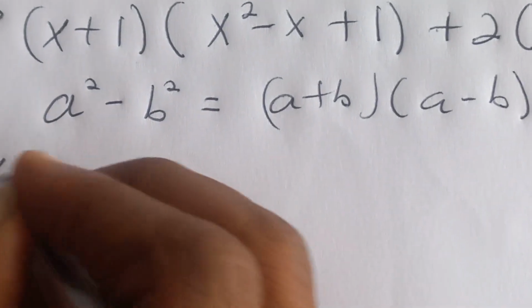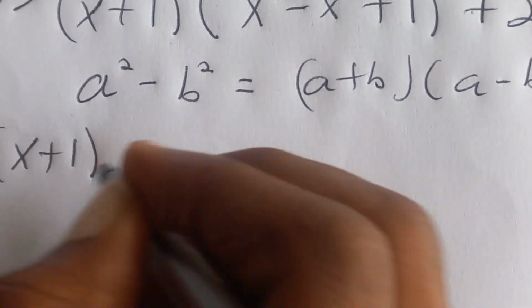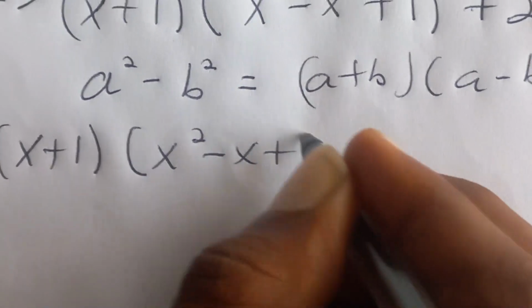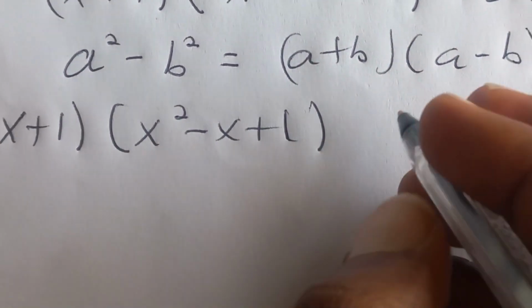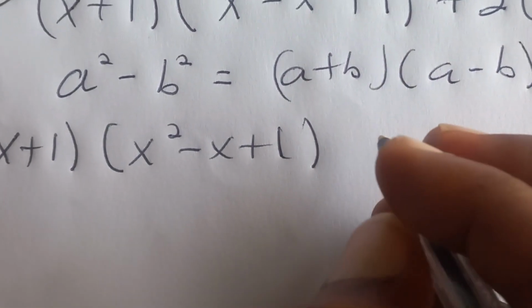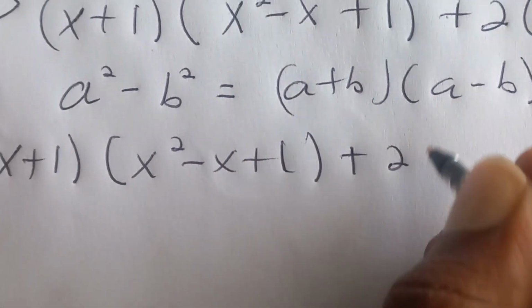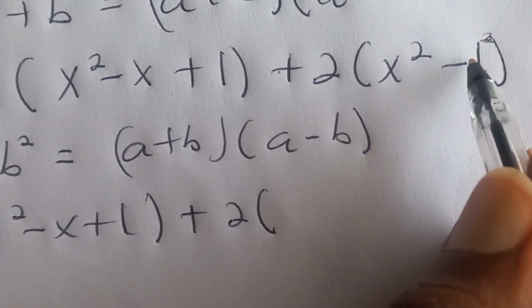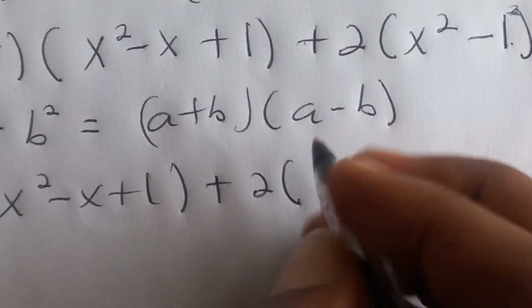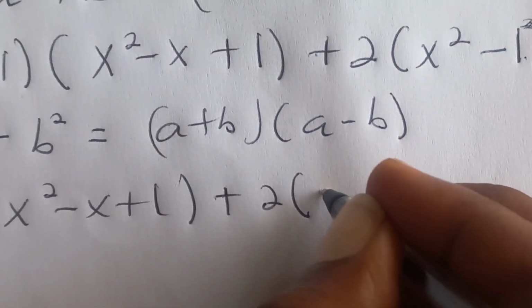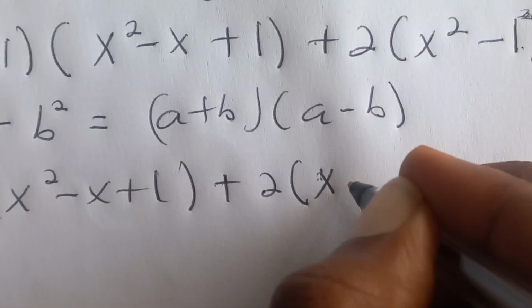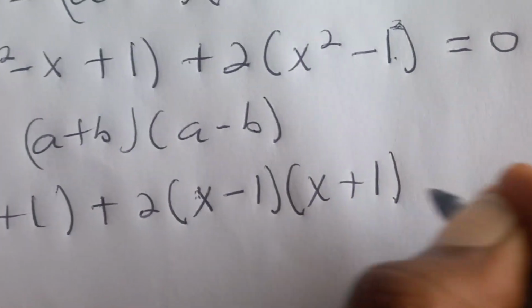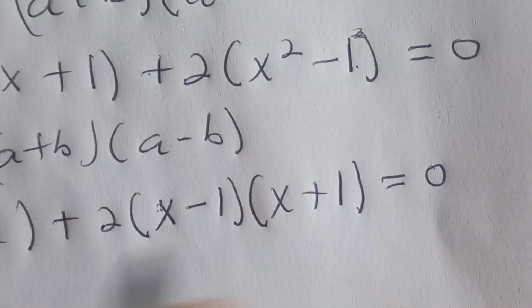So we have x plus 1 bracket x squared minus x plus 1, then plus 2 into bracket. This one, we can write as 1 squared. Okay, 1 squared is the same as 1. So 2 into bracket, we have x minus 1, then x plus 1. And it is equal to 0.